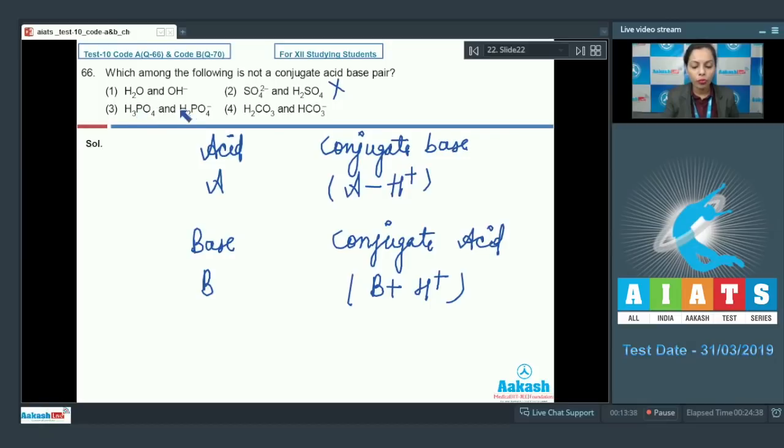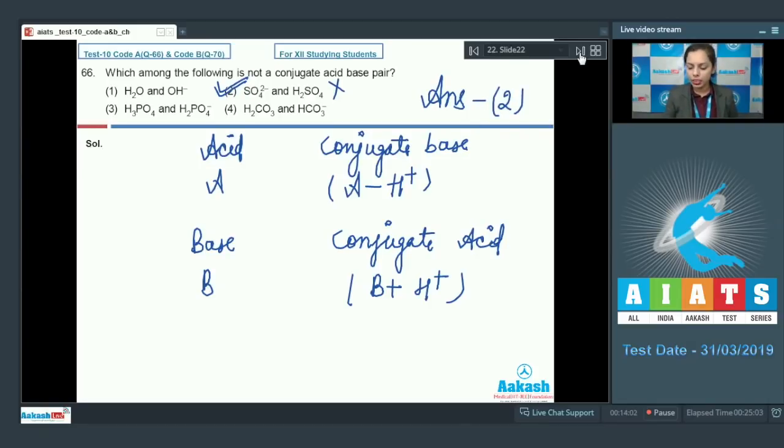After removal of a proton, it will form H2PO4 negative. This is also a conjugate acid base pair. Further, H2CO3. After losing proton, it will form HCO3 negative. So in this case, it is representing a conjugate acid base pair, but the second one is not showing, so that's why I choose option 2 as the correct option.